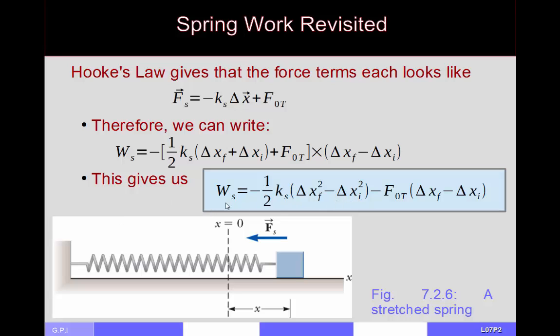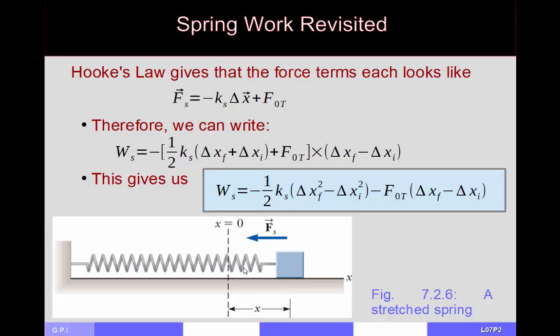And so your equation looks like 1/2 times the spring constant times the initial displacement squared, plus the tension force for the initial tension times that initial displacement. That's to get back to equilibrium.